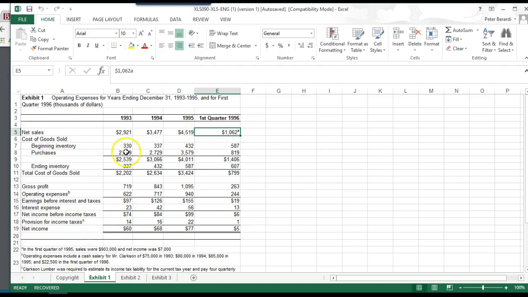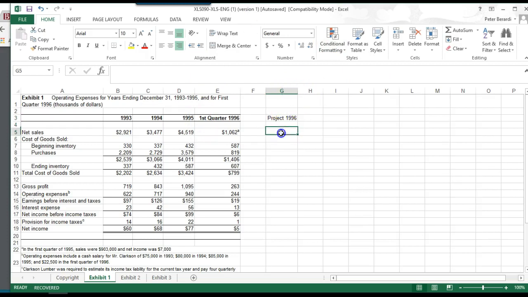Here is the income statement. You can project 1996 as a year. We are told it's 5,500,000.